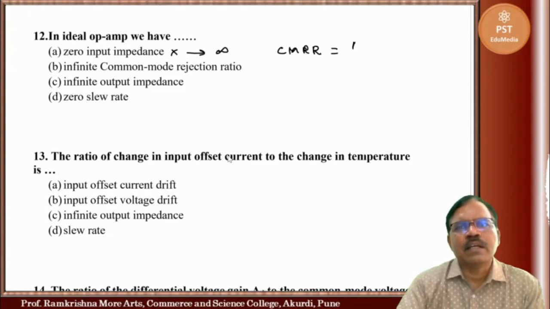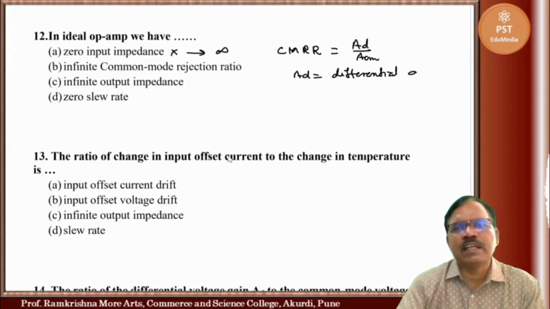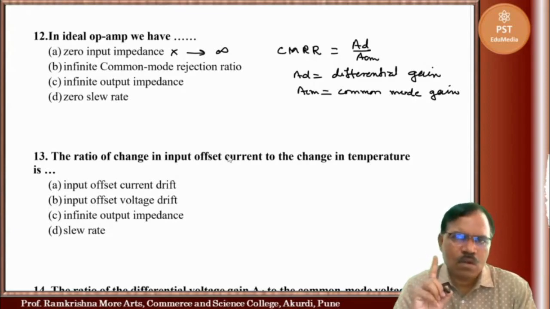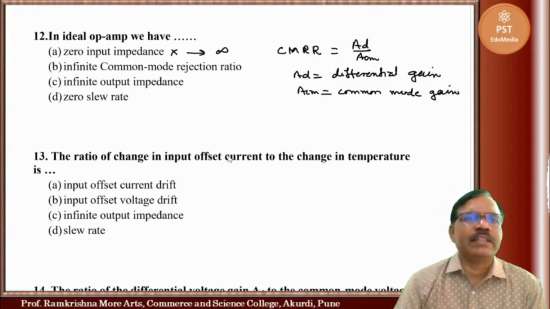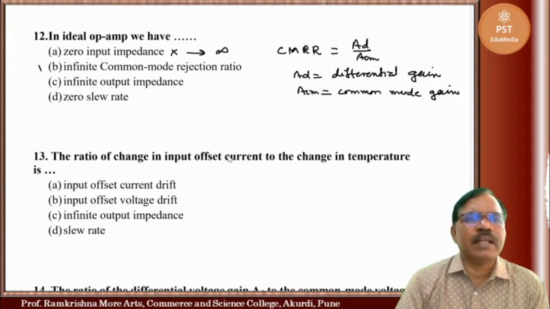It is AD upon ACM, where AD is differential gain and ACM is common mode gain. And we know ideally common mode gain is 0. So CMRR is infinite.